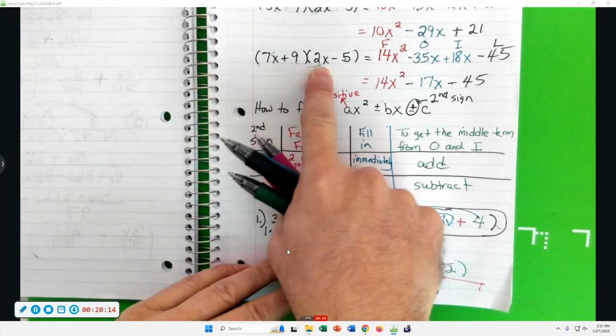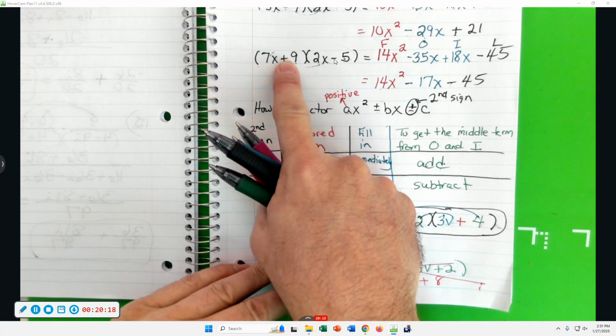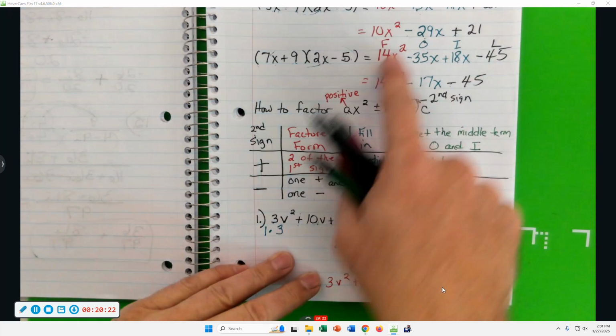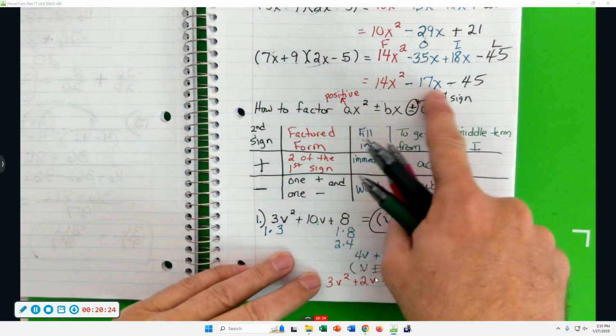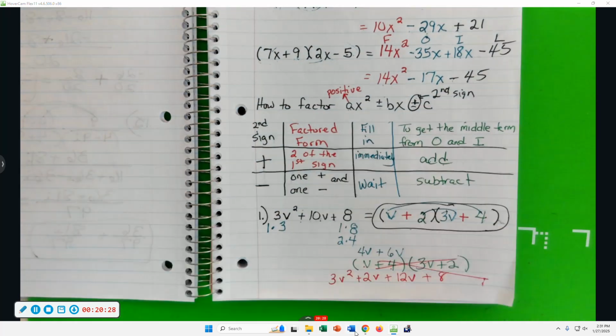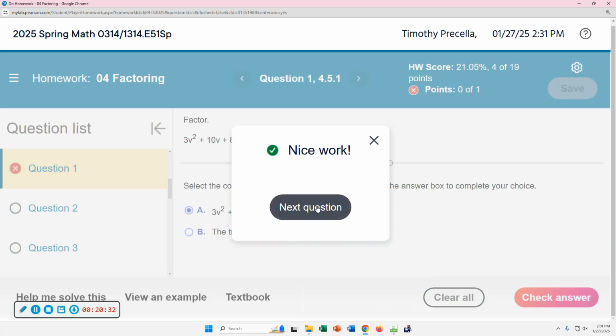Like right up here, if we had reversed the plus and the minus, if we had a -5 and a +9 and foiled this out, we wouldn't get that minus 17x there. Okay? So it's sort of a trial and error. Takes a little bit of patience.